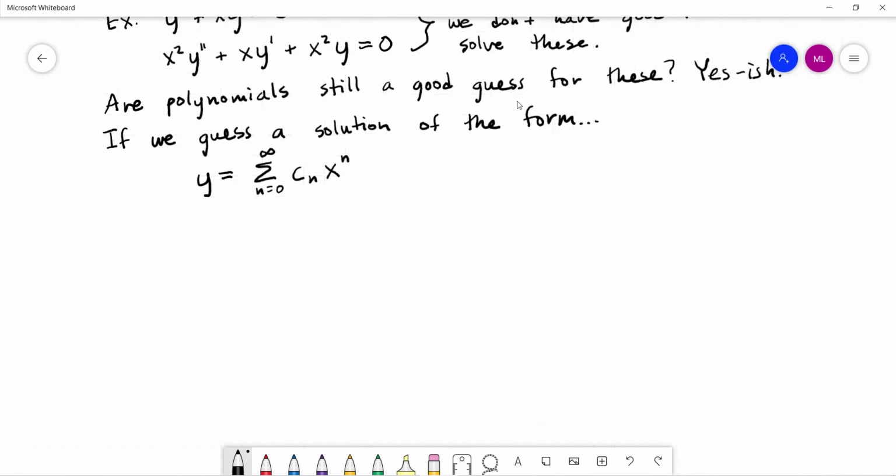If we guess solutions of this form, what this really is, is an infinite series. So essentially an infinite polynomial, or infinite series.